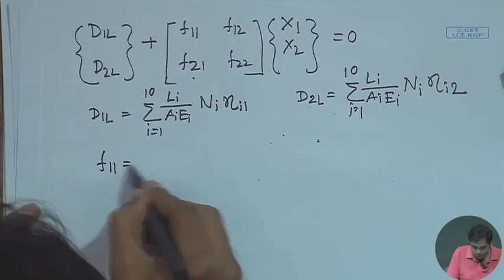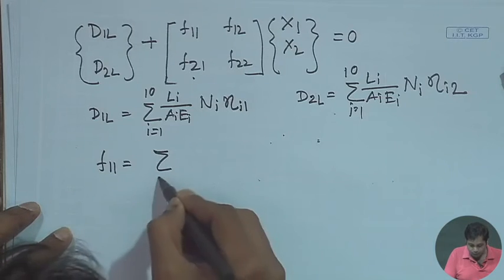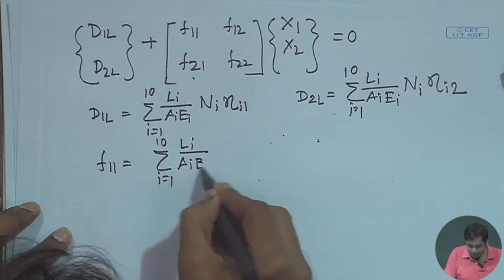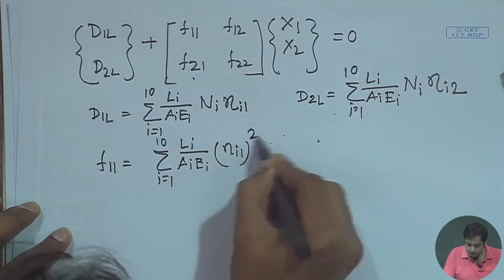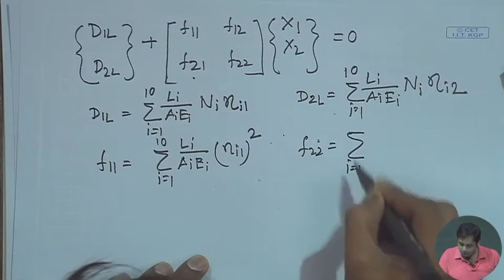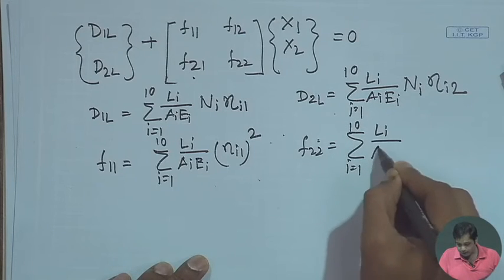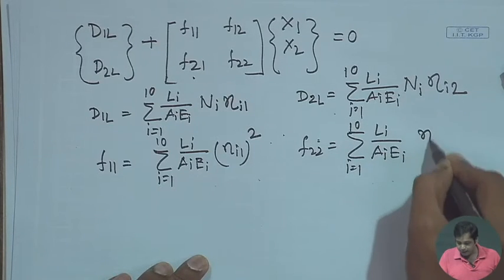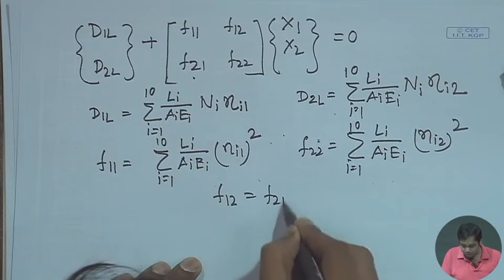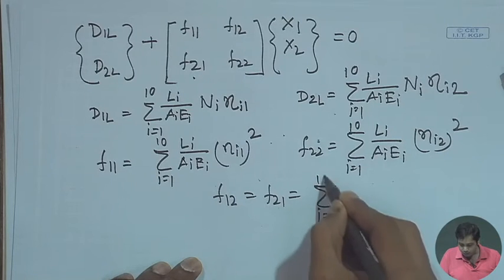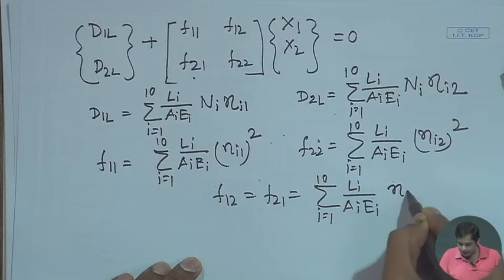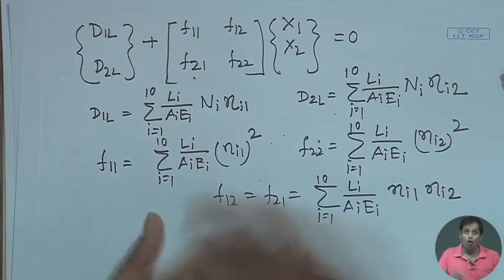Similarly, F11 will be summation of i equal to 1 to 10, same Li by AiEi, and then Ni1 square, and F22 is summation of i equal to 1 to 10 Li by AiEi, and then Ni2 square, and finally F12 is equal to F21, you can write summation i equal to 1 to 10 Li by AiEi, and then Ni1 Ni2.